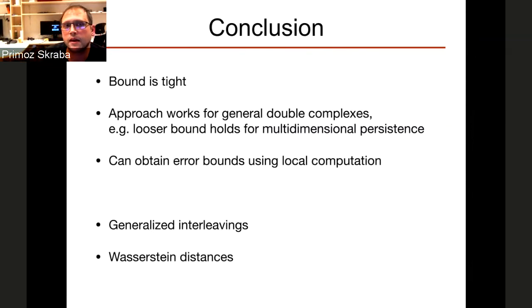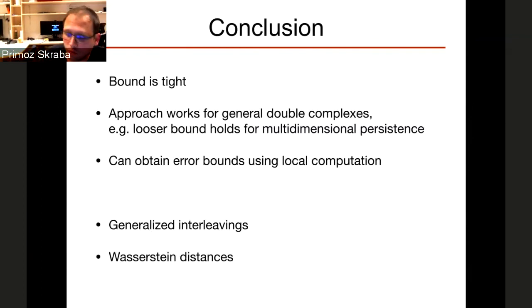So I think without too much work, this looser bound of 4D plus 2 would certainly hold for multi-parameter persistence, or multi-dimensional, depending on which name you prefer, or even at the level of something like homology over Z, over the integers, where a diagram might not necessarily exist, but as modules you can still talk about the interleaving.